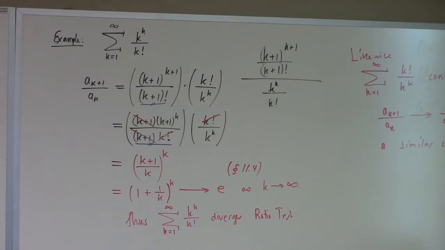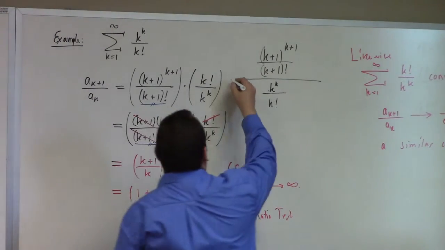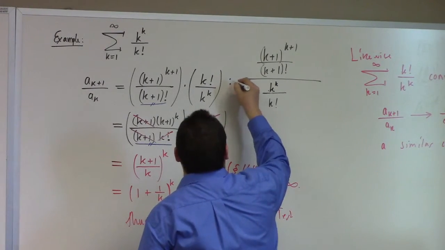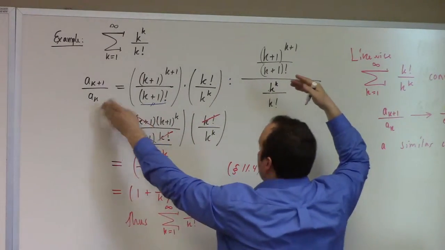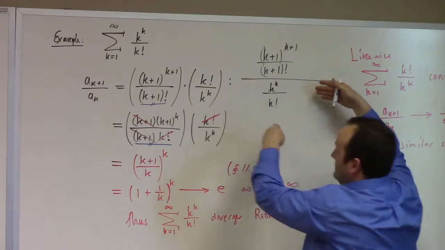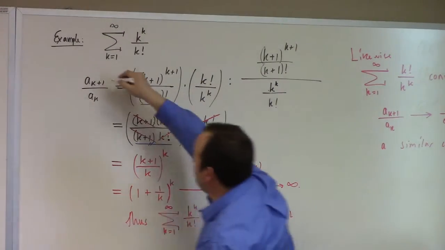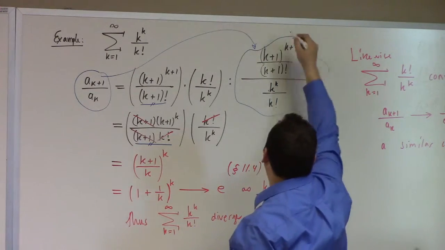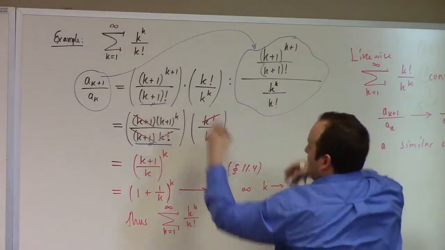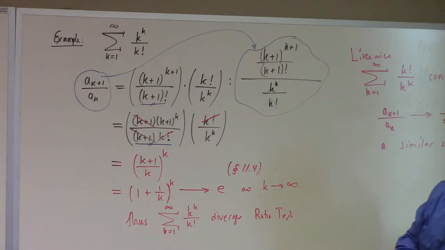The other thing I'm doing here that you might pick up on, and this is a comment, this is not part of the calculation. Why don't I write it this way? Isn't a sub k plus 1 over a sub k really this? If you look at this, it's directly this. Why do I just write this instead? What does that get me? It gets me a much smaller expression where I can write the things large enough that I don't make mistakes.